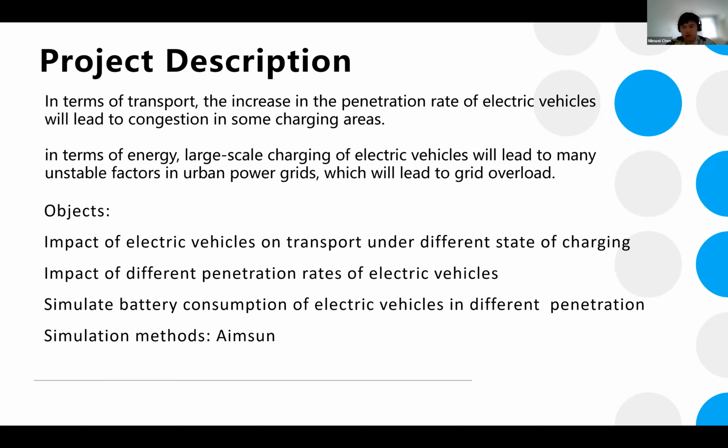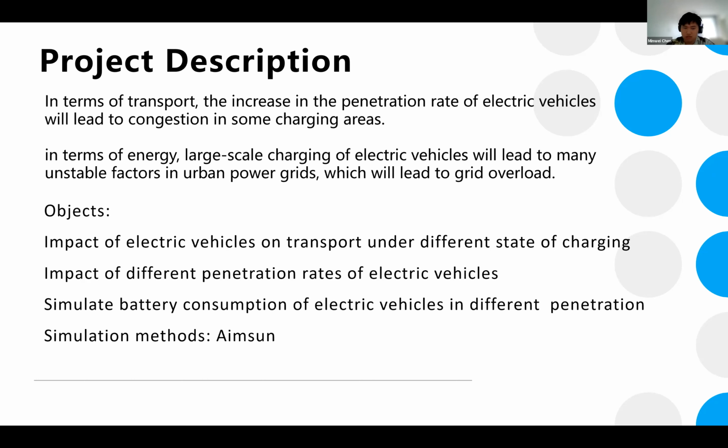Recent research about the impact of electrical vehicles on traffic has focused on the charging station to reduce congestion. While current research into the impact of electrical vehicles on the grid is focused on electrical vehicle scheduling and new energy generation to reduce the peak hour pressure.